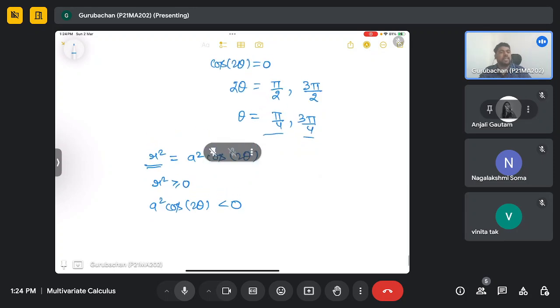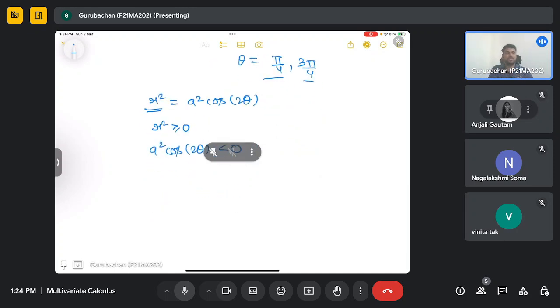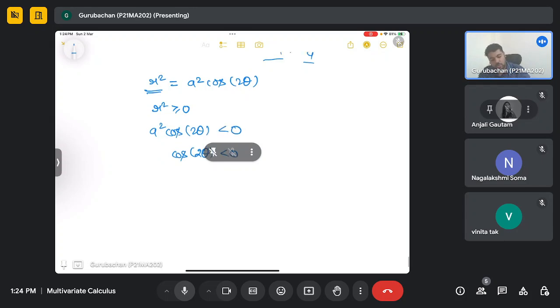So we assume cos 2 theta is negative, then we will decide the region of theta for which we do not need to draw this particular curve. Since a square is a non-negative quantity, cos 2 theta negative is the region we exclude.